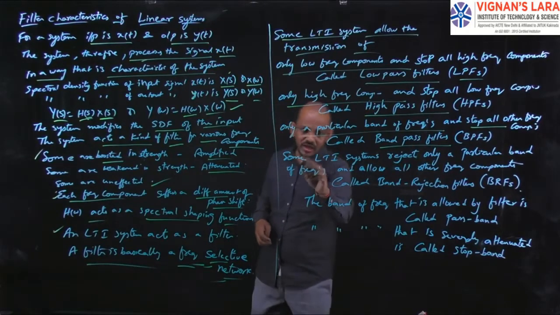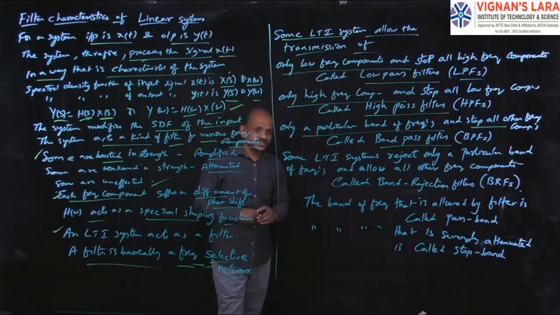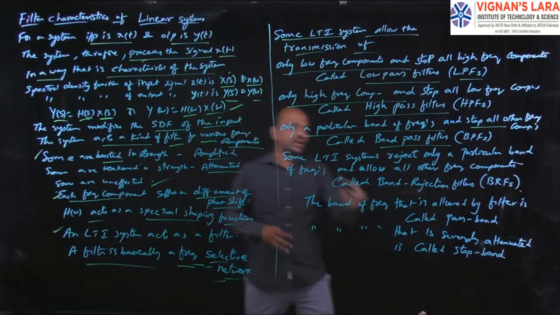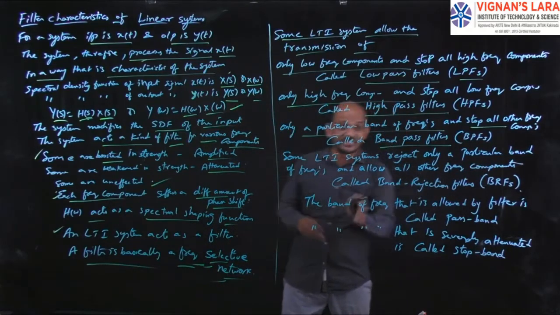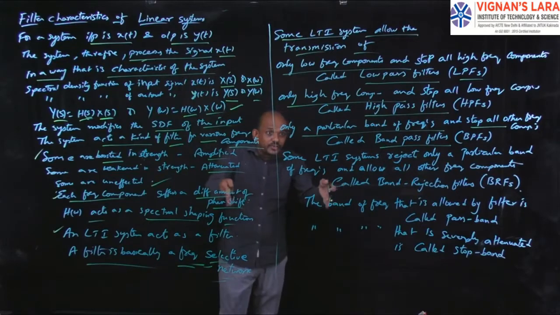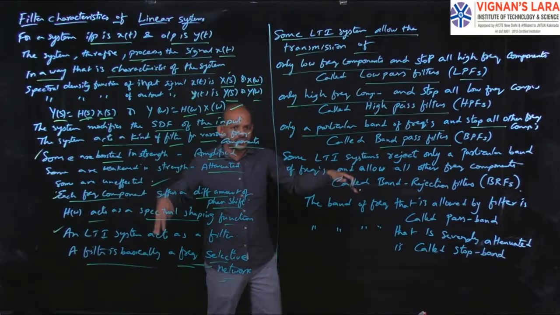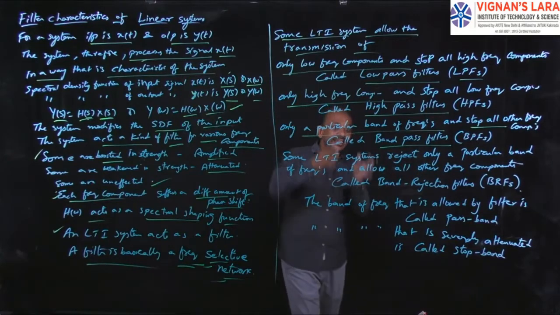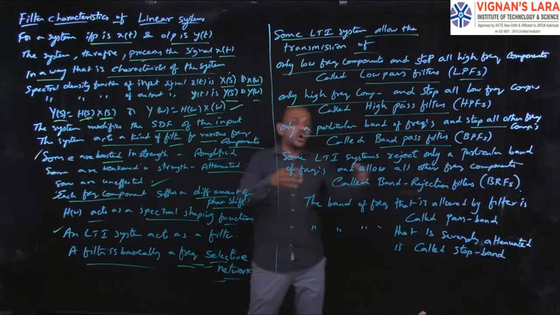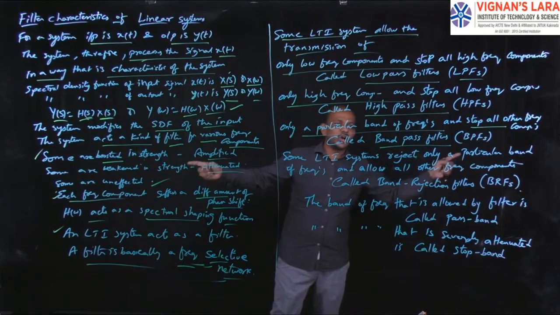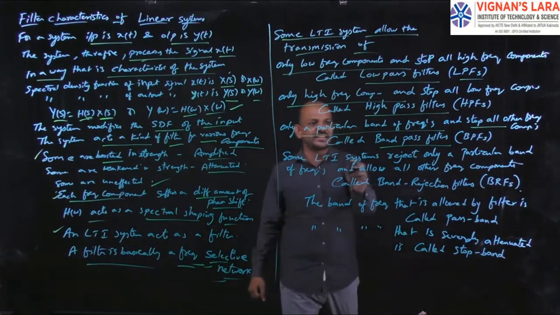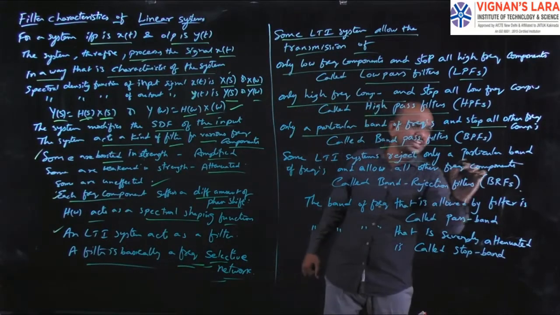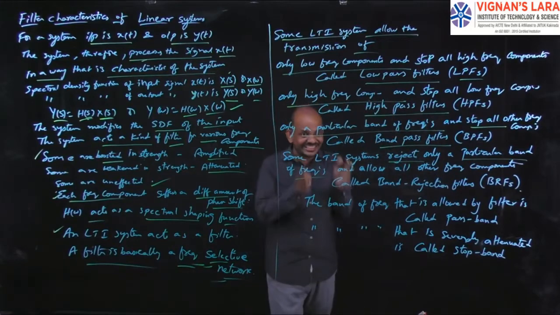And some LTI systems reject only a particular band of frequencies, say between omega 1 and omega 2, and allow all other frequency components.